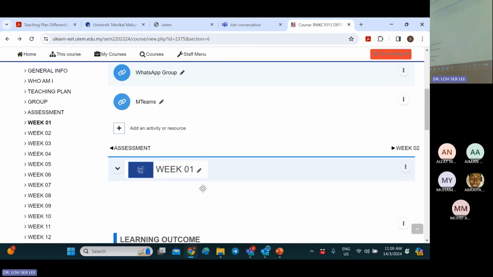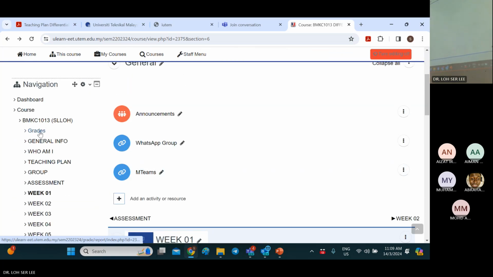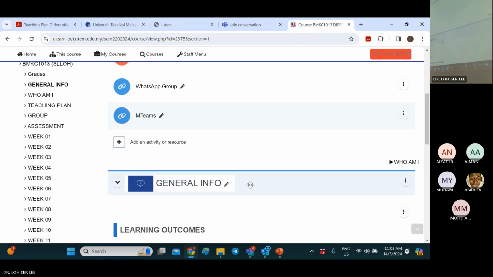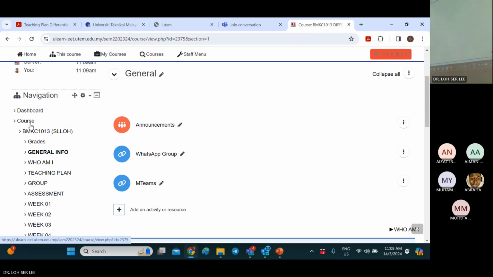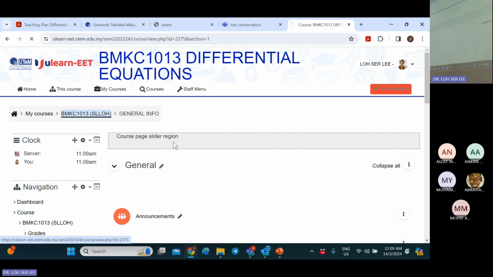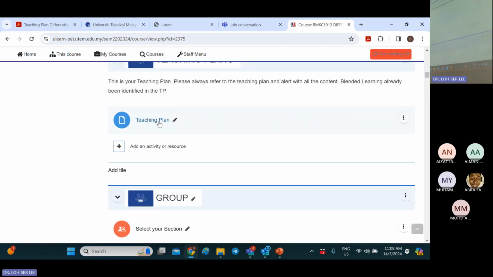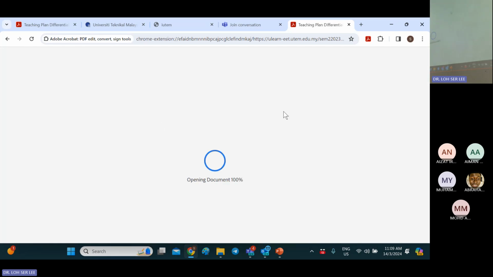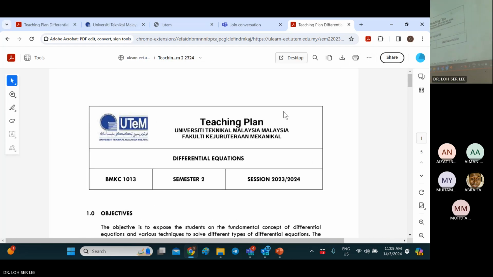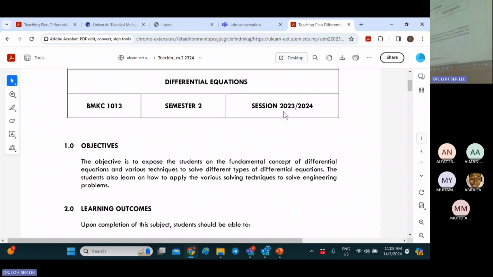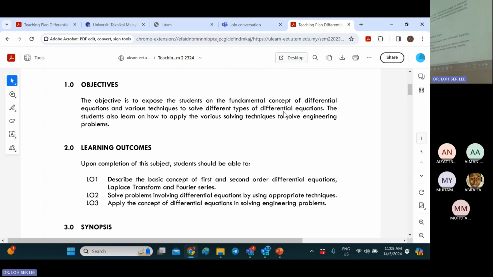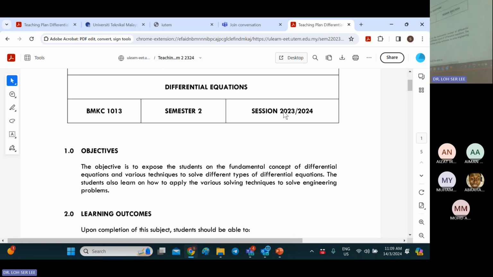Now we look at the teaching plan. We start from the title first.